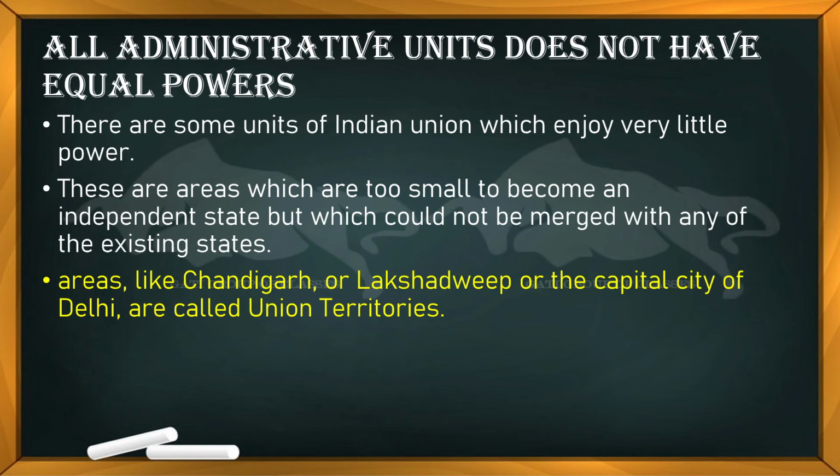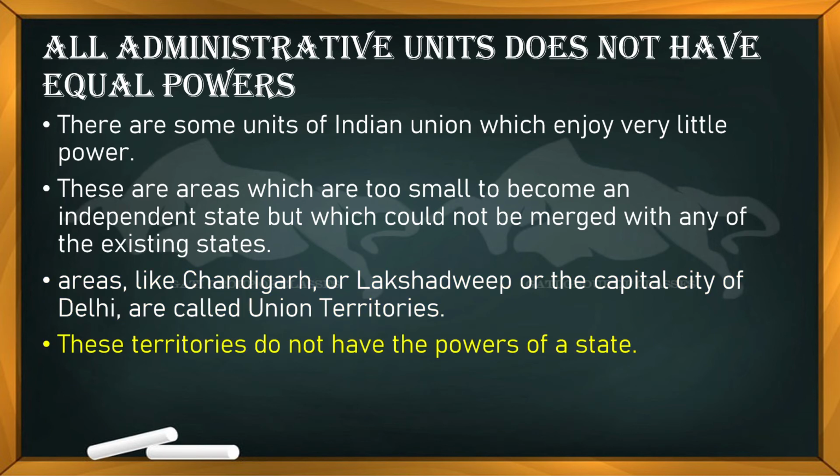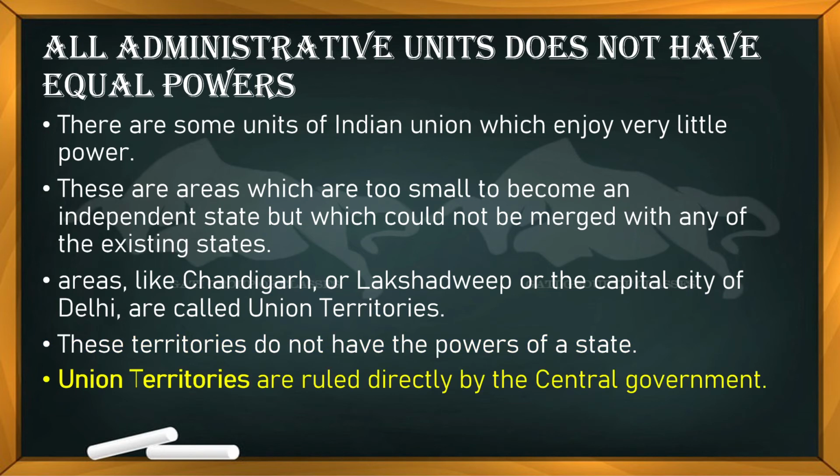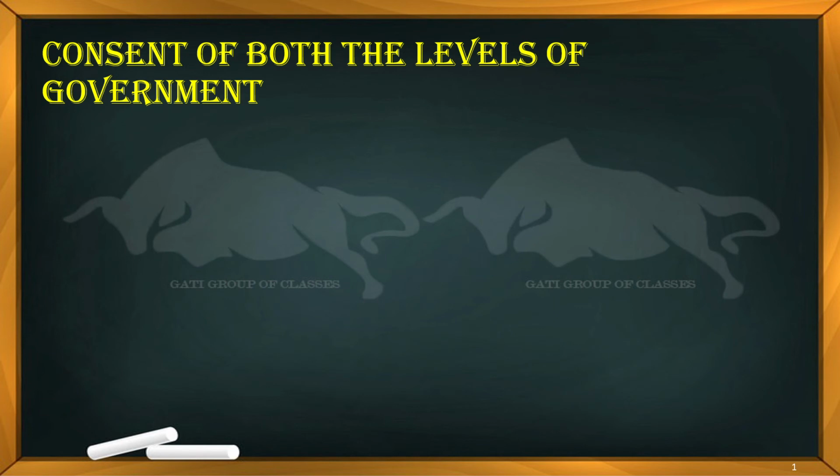They are all known as union territories, which we already know. These territories do not have the power of a state, but still they can be ruled. The union territories are directly ruled by the central government, and there are some provisions that the central government gives them, so they enjoy those powers.